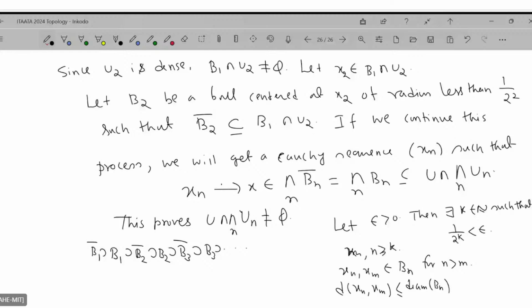This is going to be at most 2 to the power k, and this proves that xn is a Cauchy sequence. Is it clear? This proves that xn is a Cauchy sequence the way we have chosen. You can make it n minus 1.